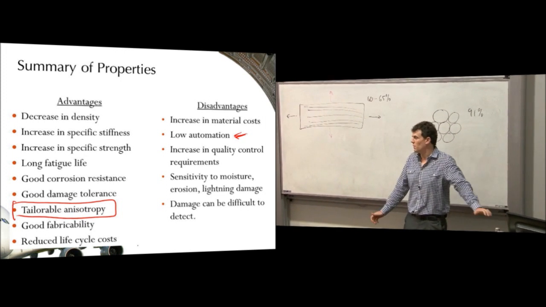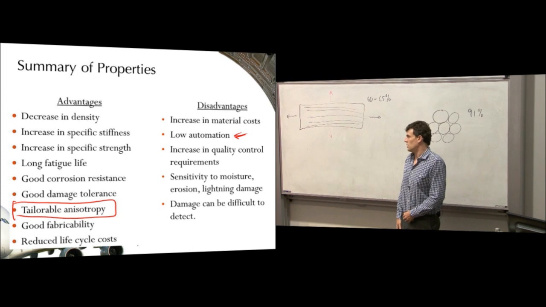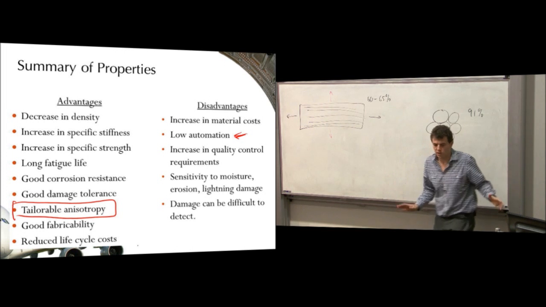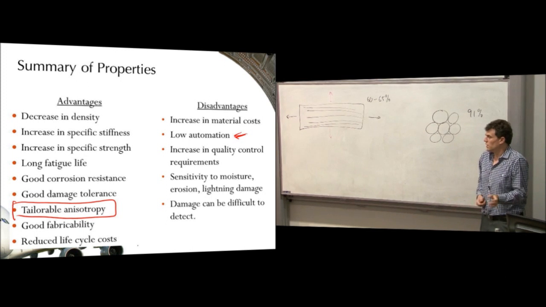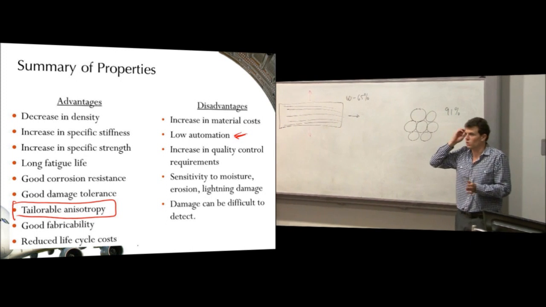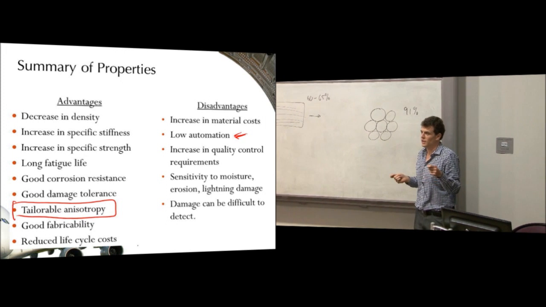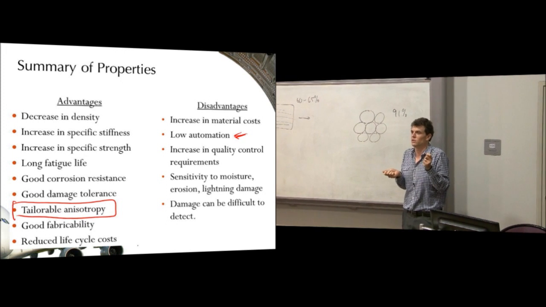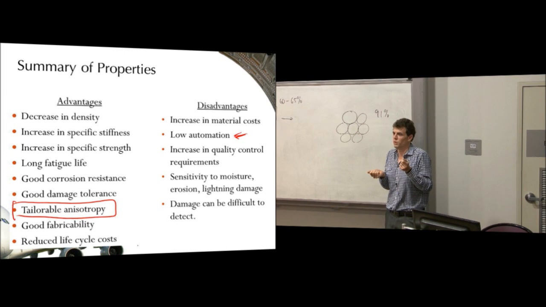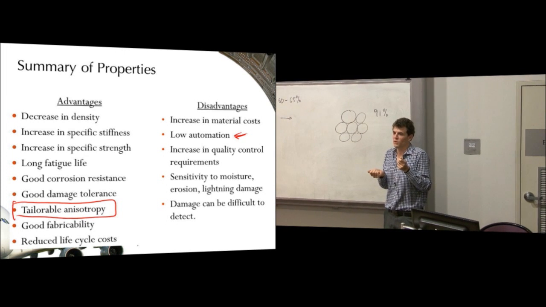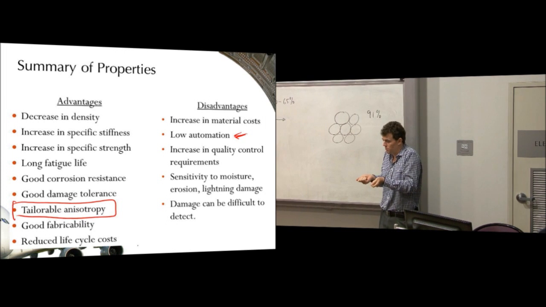So if you can imagine making, say, the tail plane, or even an elevator for something like a 777, which is something I've seen being made.